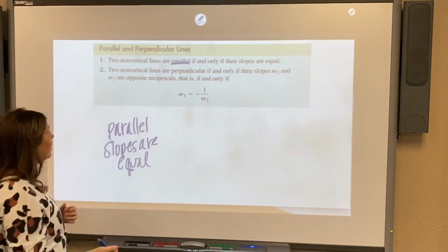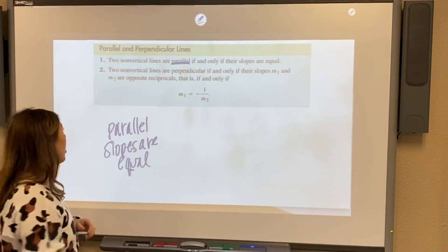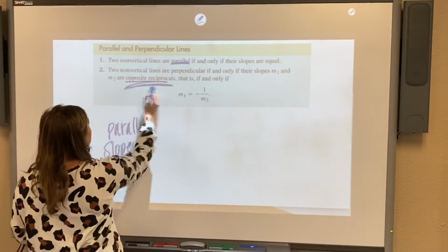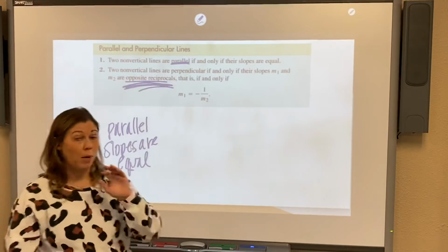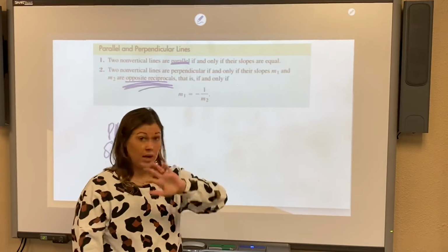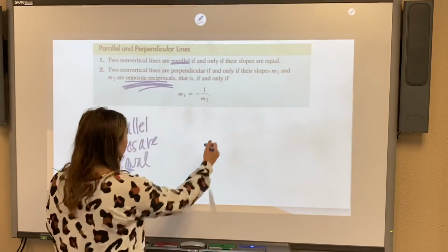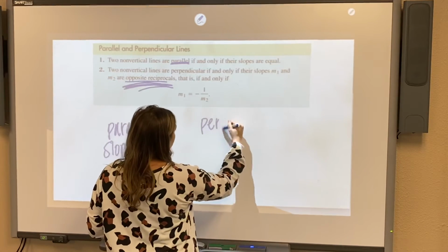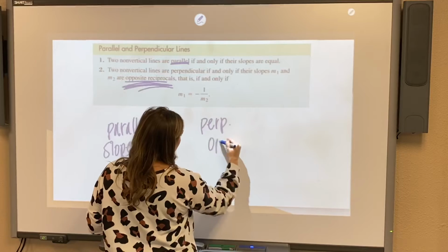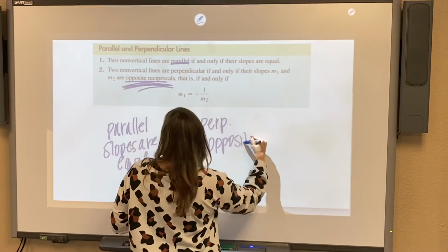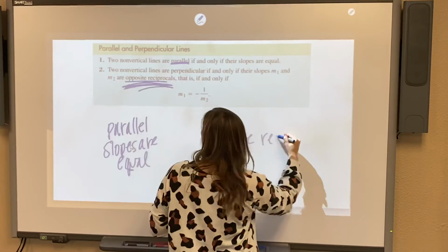And then for perpendicular, slopes are opposite reciprocals. Okay, so that means opposite signs, so positive, negative, negative, positive, and then a flipped fraction. So perpendicular is opposite reciprocal.